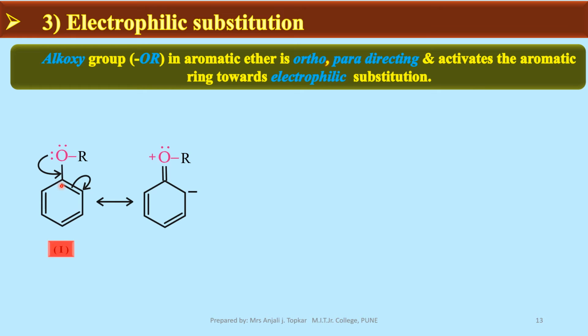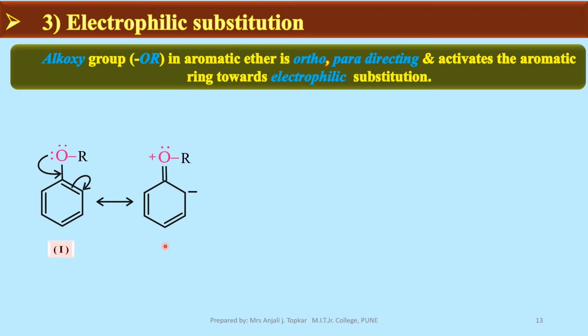Since the density on this carbon atom increases, this double bond of the benzene ring is broken and the electron moves to this carbon atom. Thus, it carries negative charge and oxygen atom carries positive charge, giving rise to the second resonating structure.